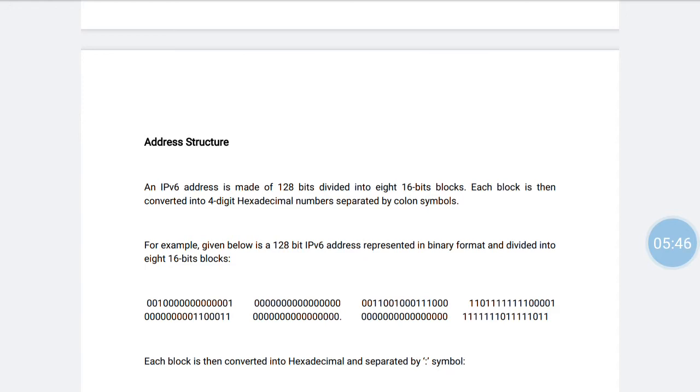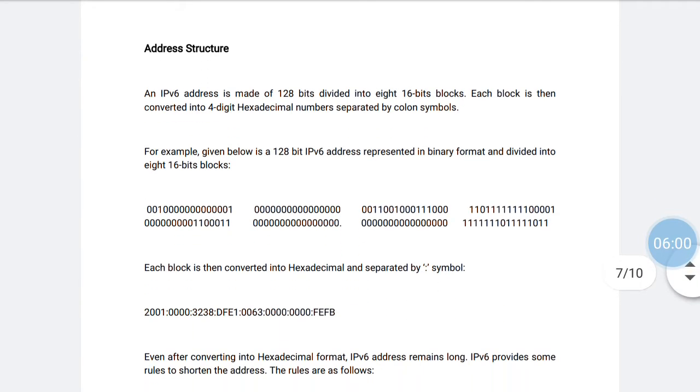This is a 128-bit address and it is divided into 8 blocks, and each block contains 16 bits. So this is the 128-bit address in IPv6, separated by colons.